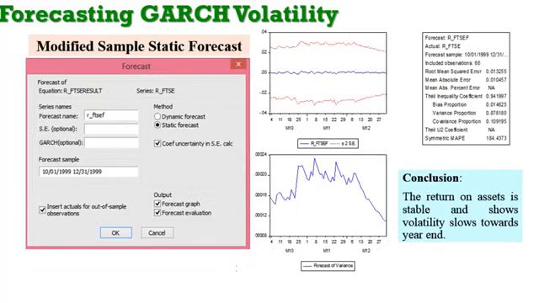How about the modified sample? From the modified sample, look at the forecast sample here. It's from October 1st to December 31st, static forecast. So what can we conclude? We can see here that the return on assets is also stable and volatility slows towards the end of the year.